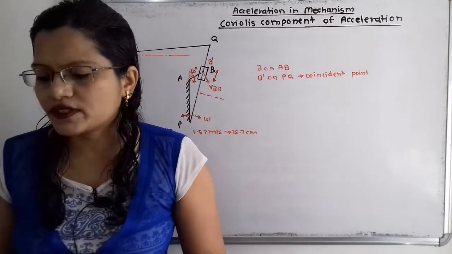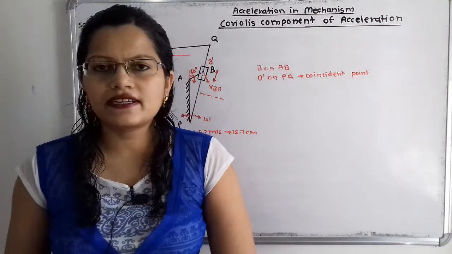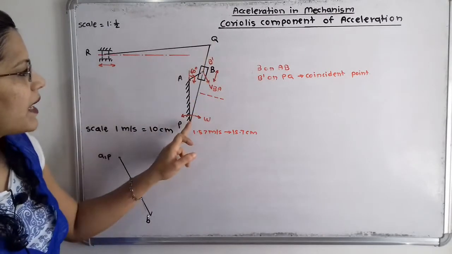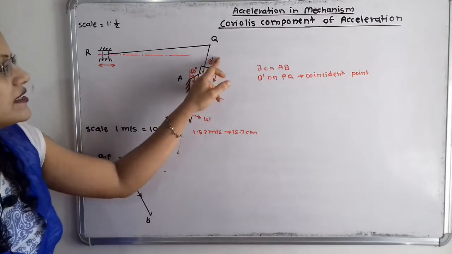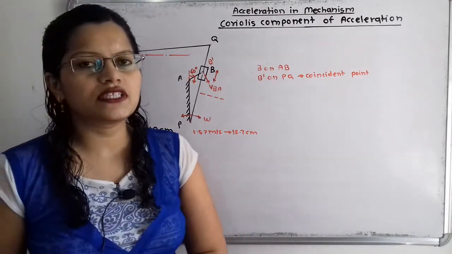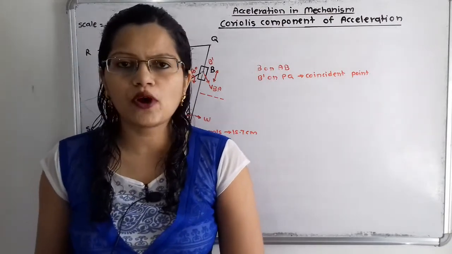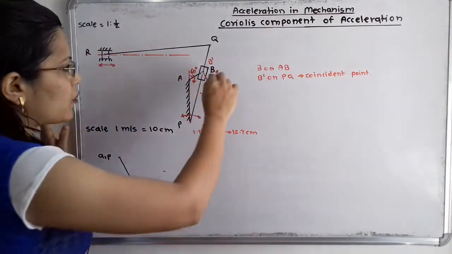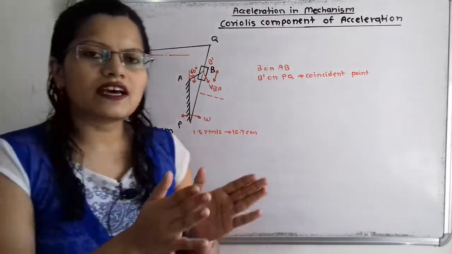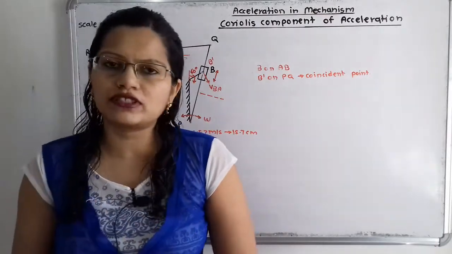Now if we observe at point B there is the slider, and this slider has reciprocating motion along this slotted bar PQ, which has the coincident point B dash. So we will first plot the velocity of B with respect to B dash. How to plot? There is reciprocating motion along the bar PQ. How do we transfer this reciprocating motion from the space diagram to the velocity diagram?